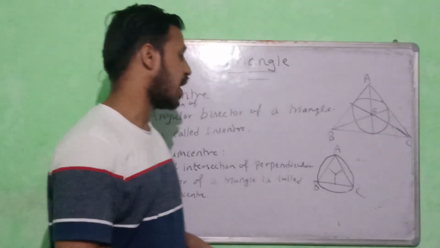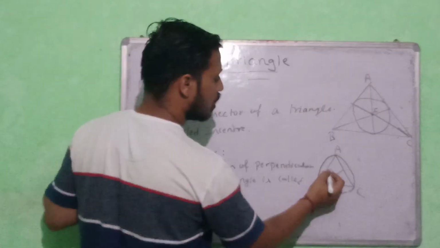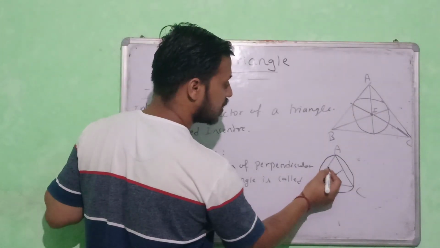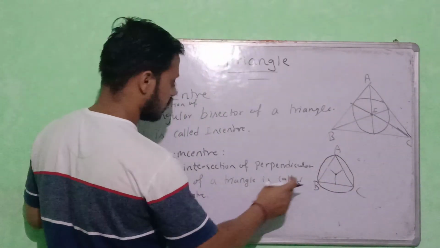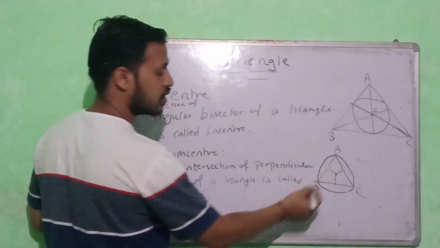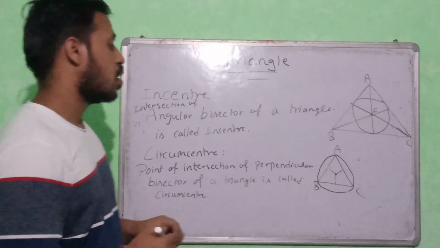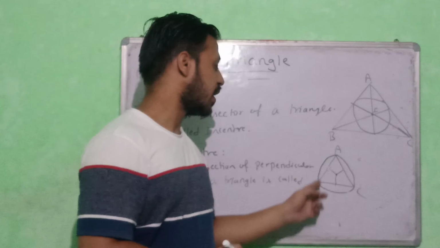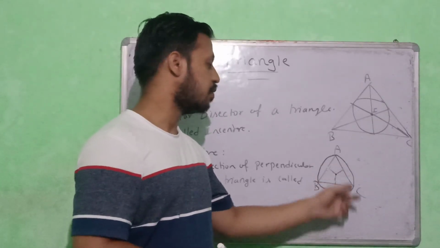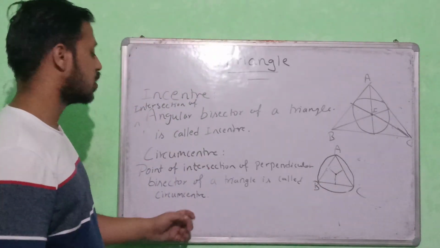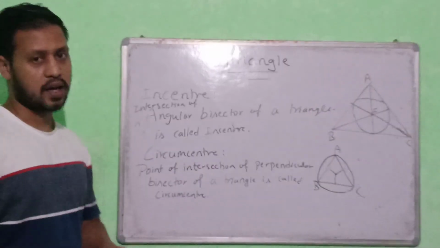This means any line which bisects a side and is also perpendicular to it is a perpendicular bisector. This is the perpendicular bisector of AB, of BC and of AC. Where they meet is called the circumcenter.